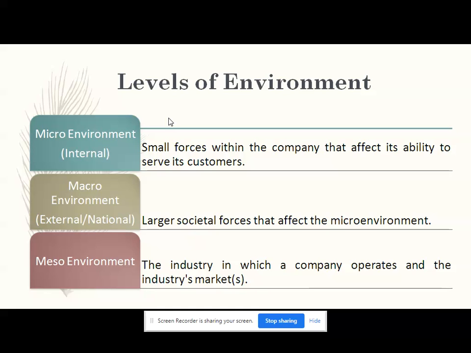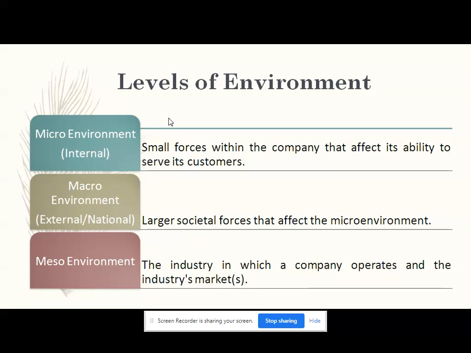As the name suggests, these are the larger or societal forces that affect the micro environment, and those forces act outside the company. So micro environment will be the forces within the company, and macro environment will be the external forces outside the organization. These forces will shape the organization.